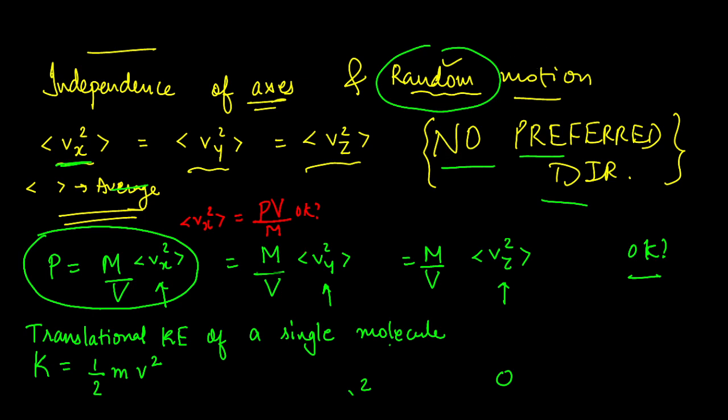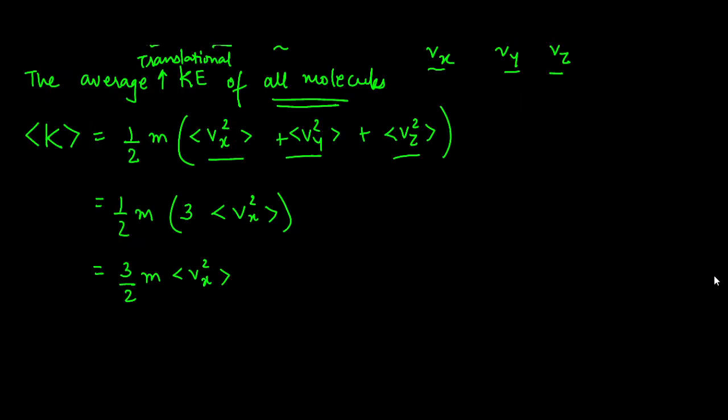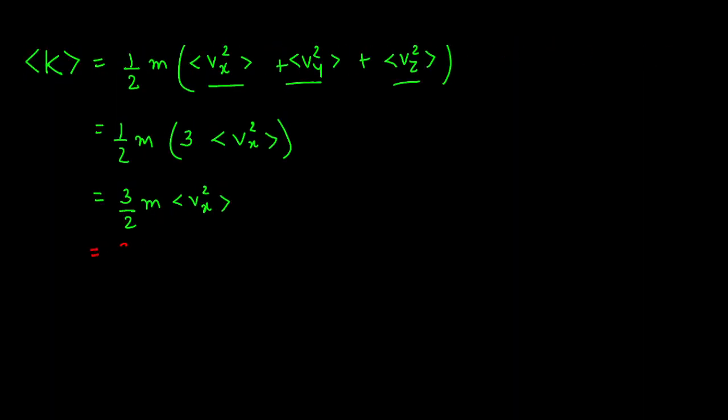So we take that and we go over there and we put it over there. So this will become equal to 3 by 2 small m pressure into volume divided by mass of gas. Okay, so that is the average kinetic energy, right? There is still scope to simplify this formula.